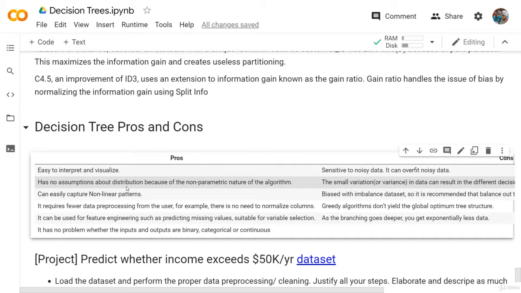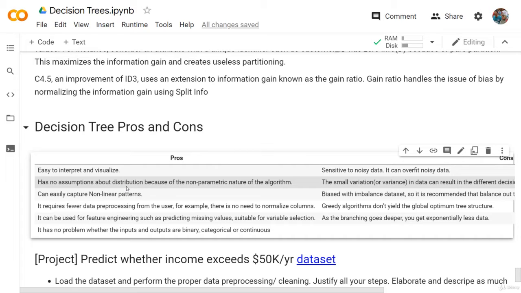So the decision tree is a non-parametric model. So whatever the distribution of the data, it will fit this data. And it can easily capture non-linear patterns. So it's not only a linear classifier or a linear regressor, it's actually used for capturing non-linear patterns, and this is very important in many problems, right? Because most problems are actually non-linear.